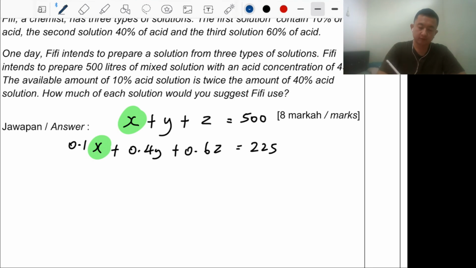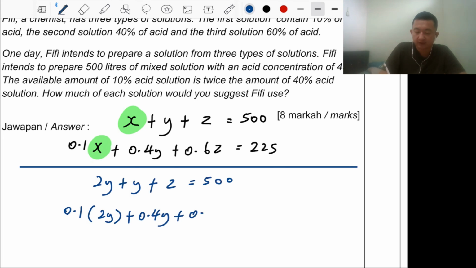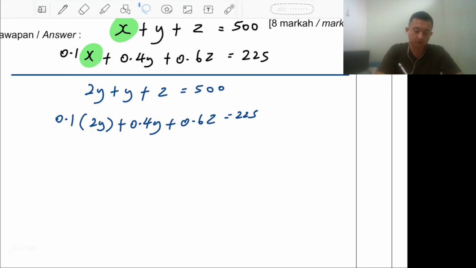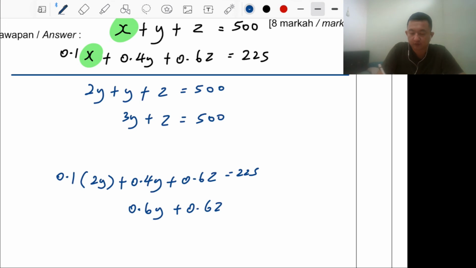So now you have 2y plus y plus z equals 500. 0.1 times 2y plus 0.4y plus 0.6z equals 225. 3y plus z equals 500, and then here 0.2y, so 0.6y plus 0.6z equals 225.